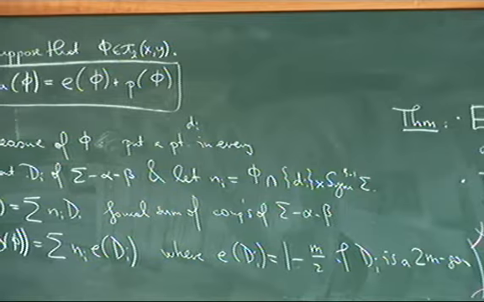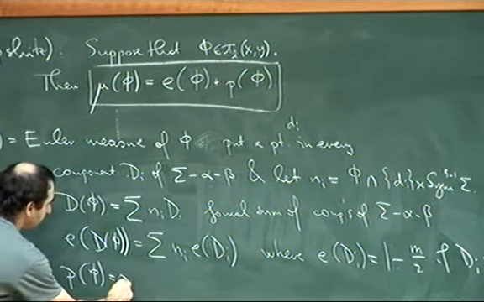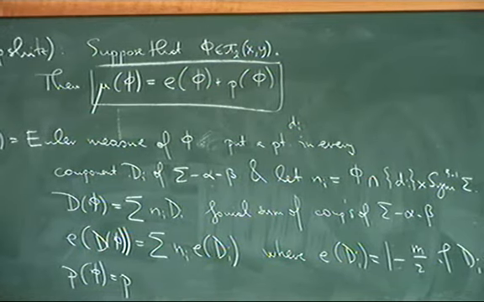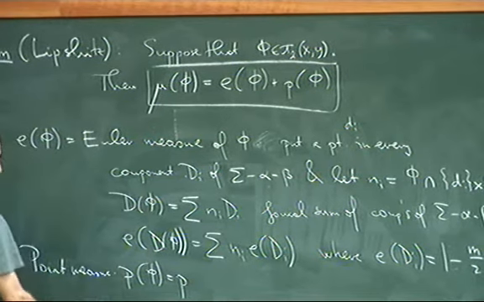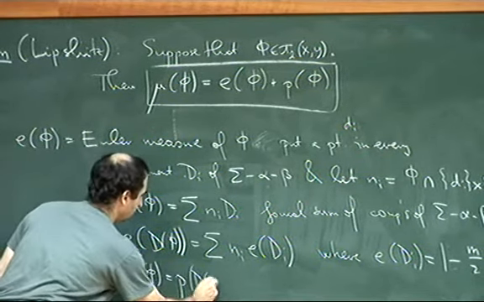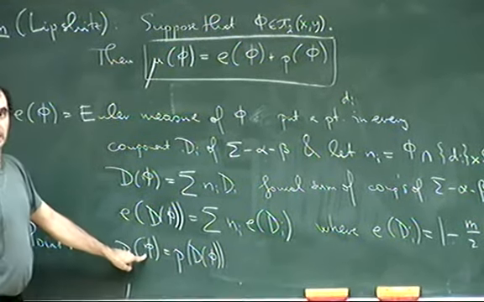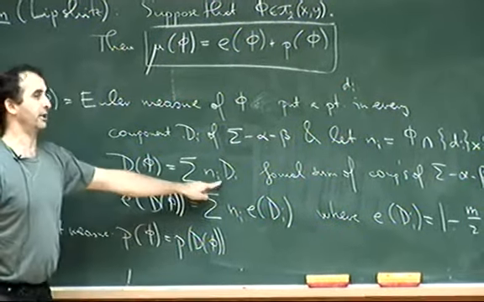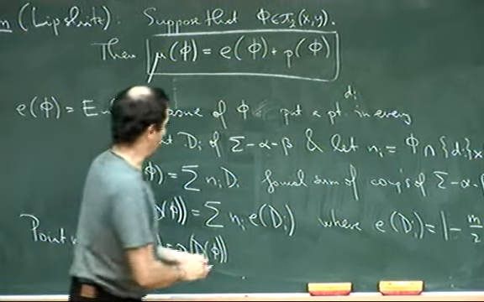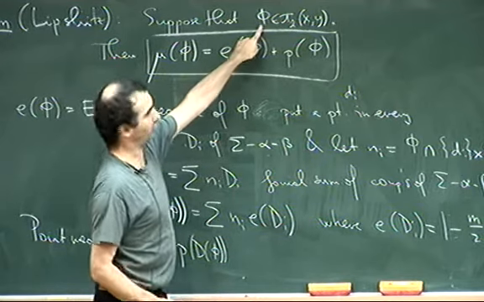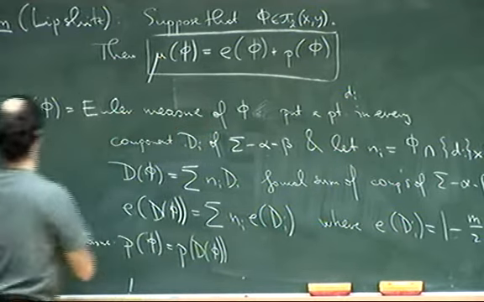So this is it, and then I have to tell you what p phi is, and this is called the point measure. Again, for the homotopy class, I associate this formal linear combination, and I will compute what this is. How does this phi look like? It connects x and y.